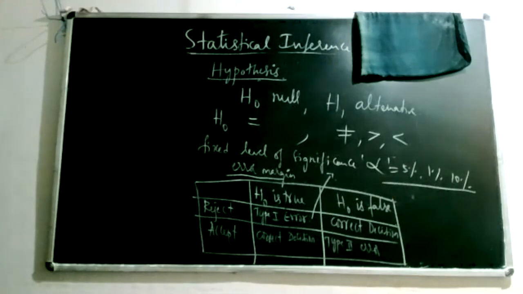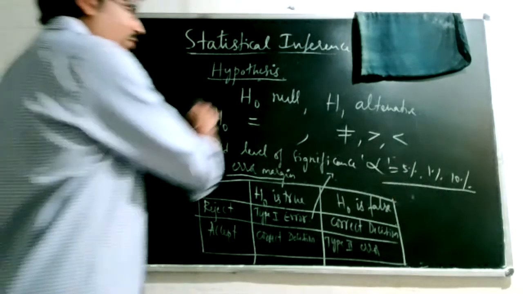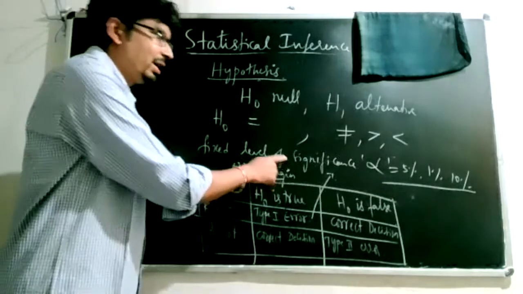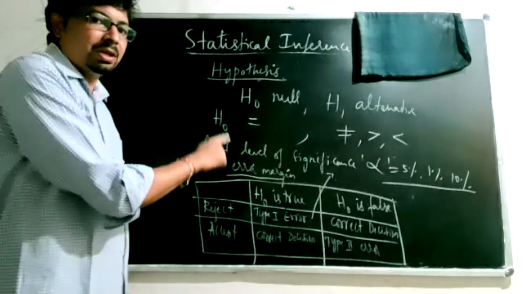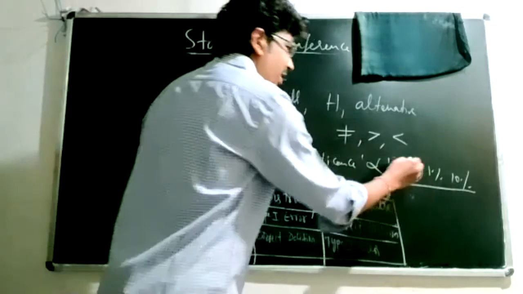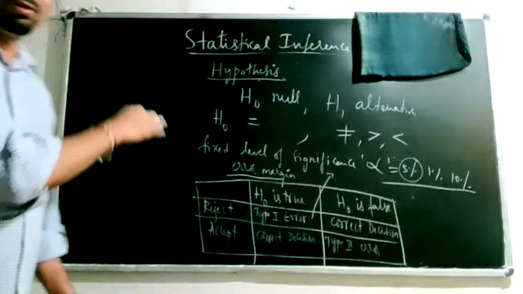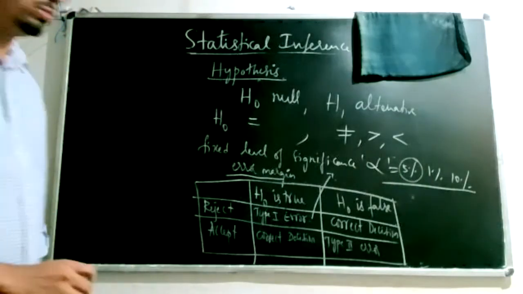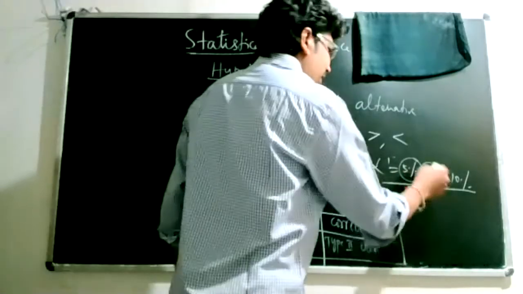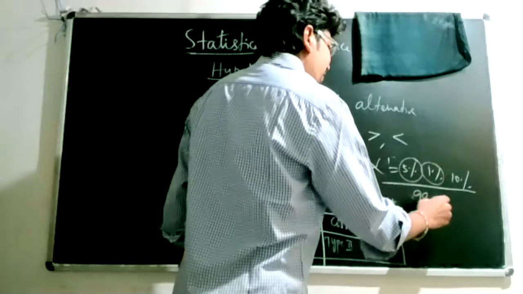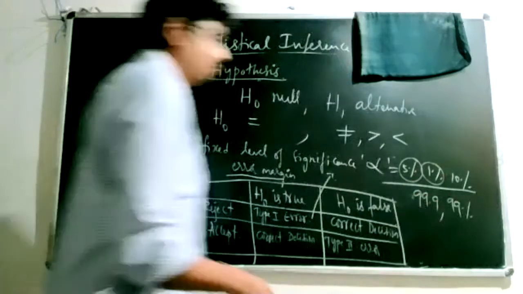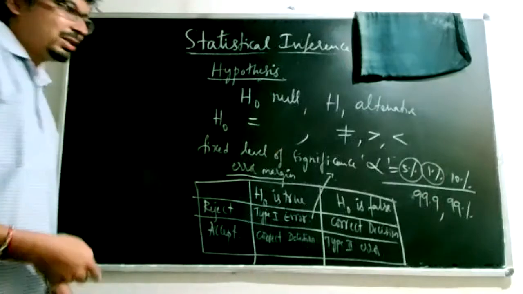If you follow this hypothesis testing procedure 100 times, only 5% of the times your decision is wrong, and 95% of the times it is right. Hence, in most medical cases, they talk about a 99.9% or 99% accuracy rate, which is 1 minus alpha.